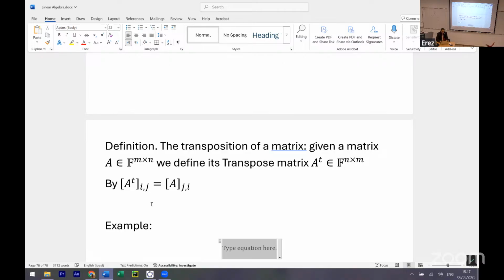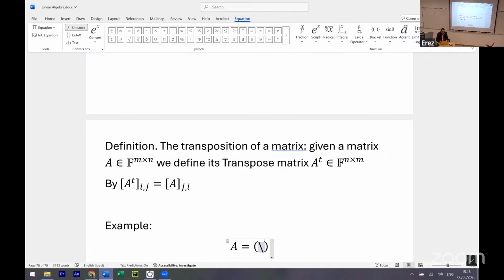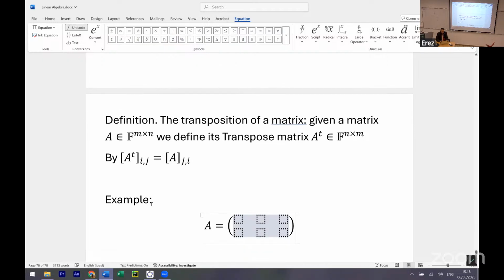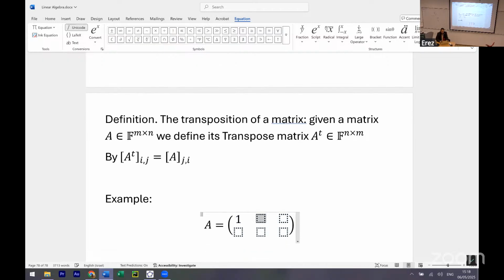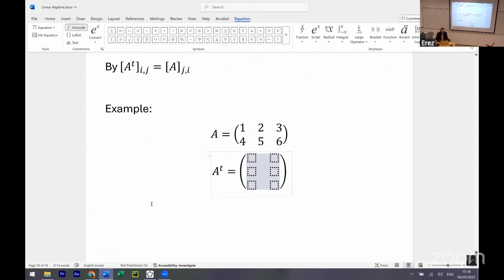Say A is 1, 2, 3, 4, 5, 6. So the transposition of A would be a matrix with 3 rows and 2 columns, first of all.